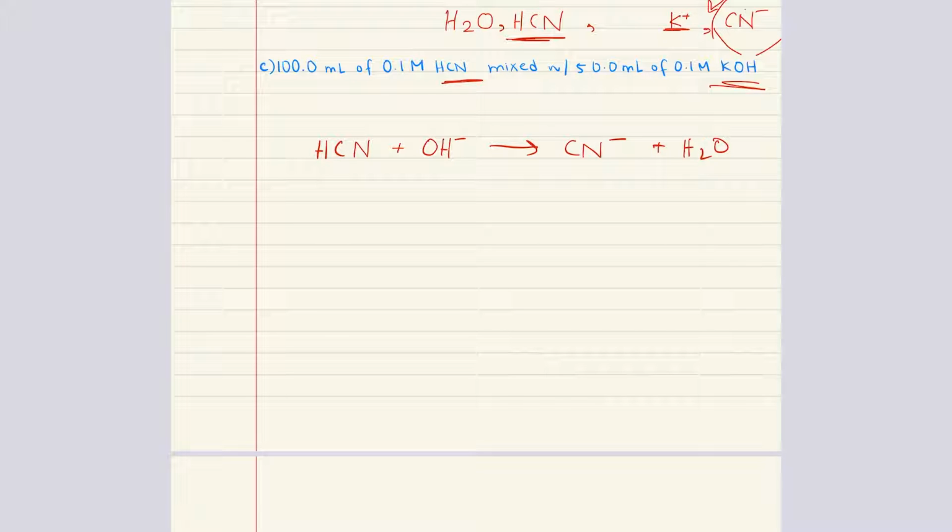So that means we have to consider all of the species that are present after the reaction between hydrogen cyanide and hydroxide ions. And actually, for any weak monoprotic acid that is neutral, like hydrogen cyanide, we can just write it as HA to denote weak acid. And we can write this with hydroxide ions, and that gives us our weak conjugate base plus water.